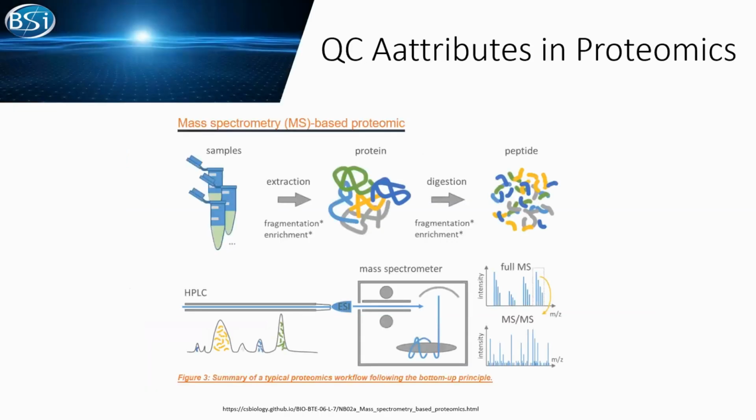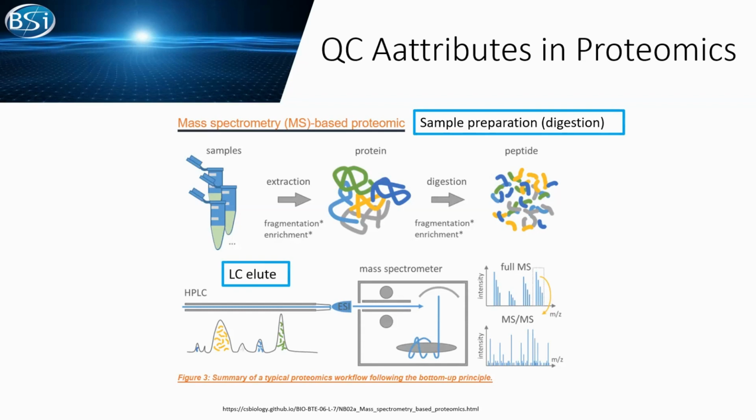Okay, let's talk about proteomics first. We all know proteomics is a very complex process and it involves multiple steps. For example, we start from sample preparation, we digest our sample with an enzyme that we choose, and we get our peptides. The peptides will be separated by LC, and those separated peptides are injected into the mass spectrometer and detected by mass spec, and finally we get our data so we can analyze it and generate a great story for the science.